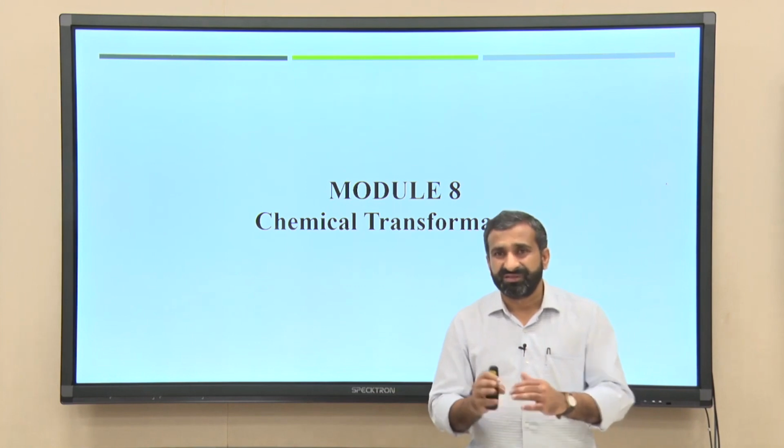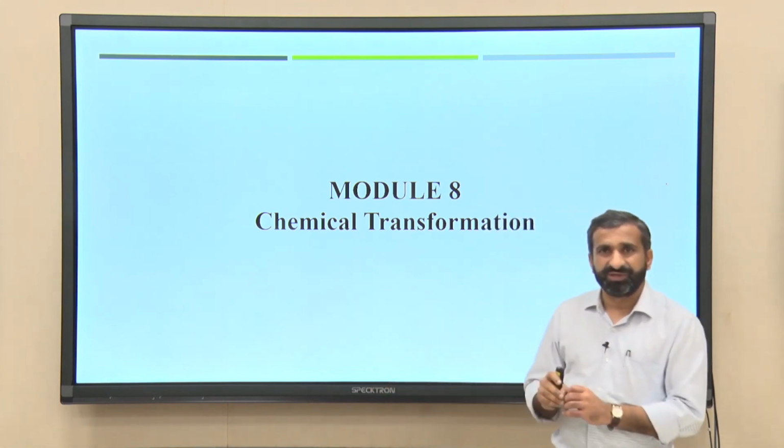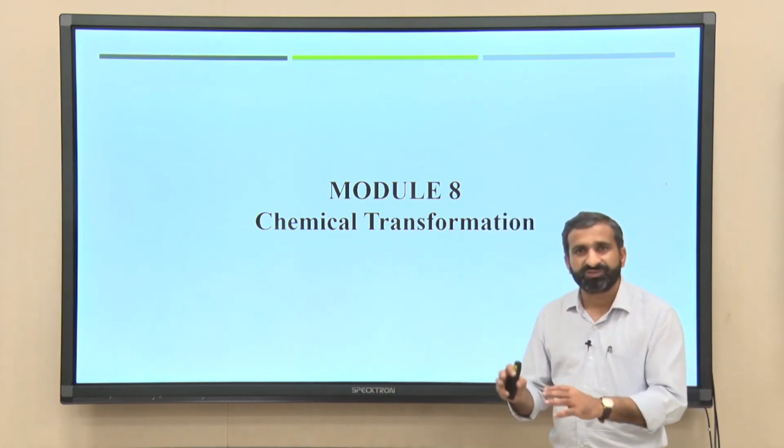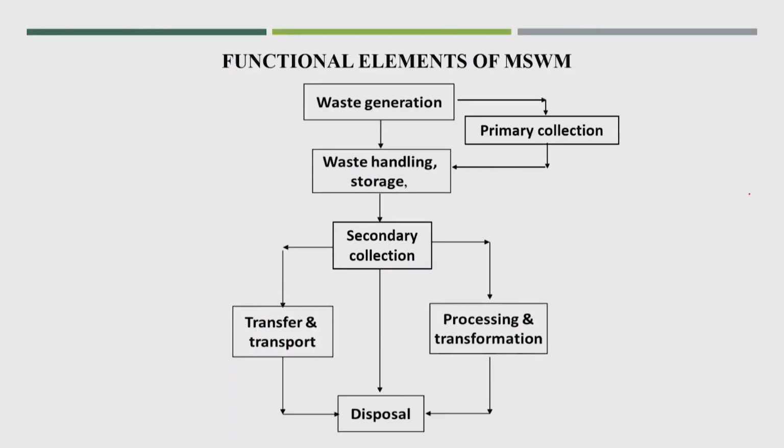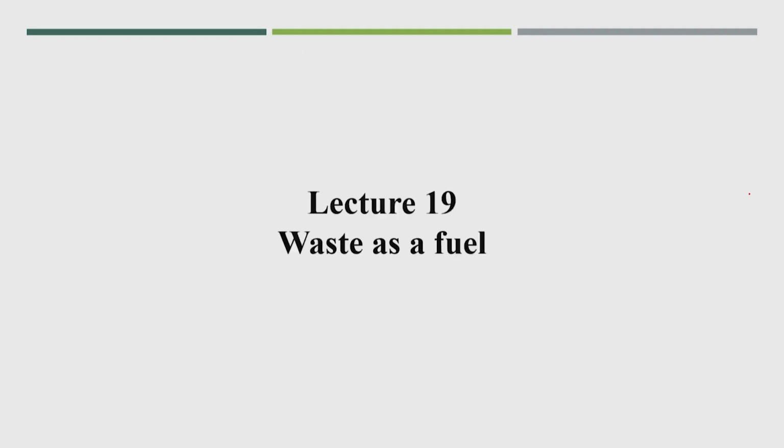First we will start with the functional element. The previous module was on processing. Now we will talk about transformation, starting with chemical transformation, and in this lecture we will discuss whether waste could be used as a fuel.